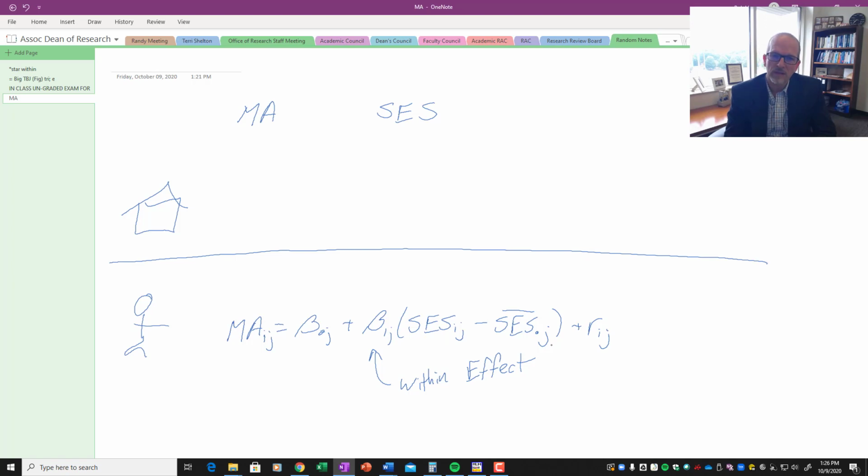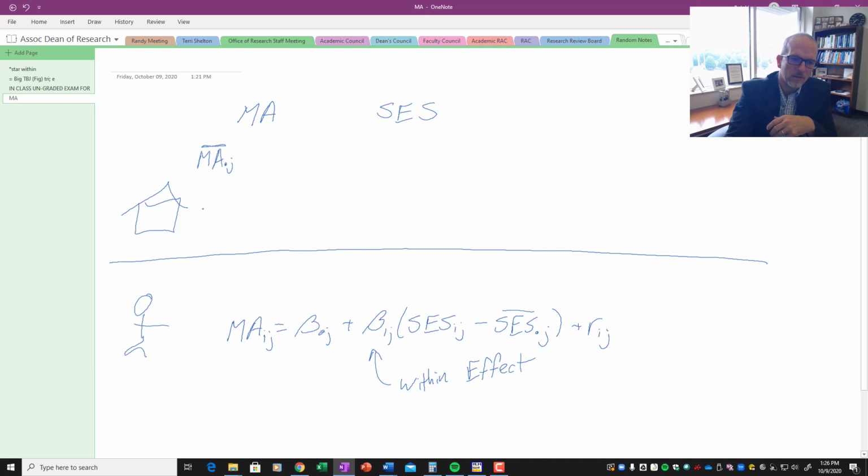Now, another way to think about the relationship between socioeconomic status and math achievement is to say, well, what if I had the averages? So now at the school level, I will have an MA.J, which is the average math achievement for the Jth school.